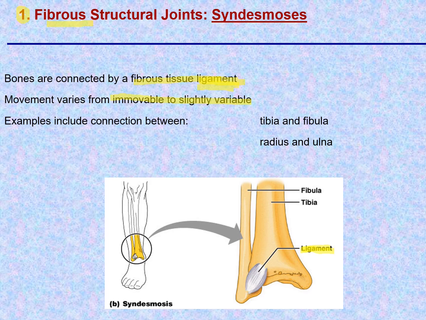That's an important distinction. Examples of syndesmoses, fibrous tissue ligaments connecting bones, are found in the tibia and the fibula, and also in the radius and ulna of the lower arm.